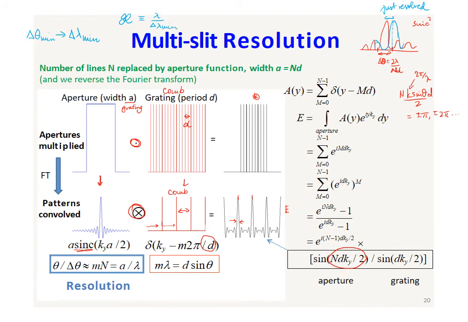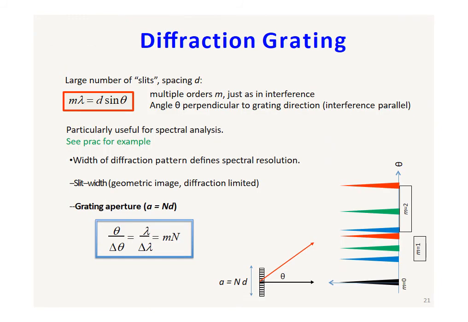The resolving power, or the resolution, is given down here, down in the bottom left. The equations on the right-hand side are, if you would like to follow the mathematics through to work out the far-field electric field. So the array of delta functions gives us the electric field in the far field that's proportional to sine of n, which is the number of slits, times blah, divided by the sine of blah.